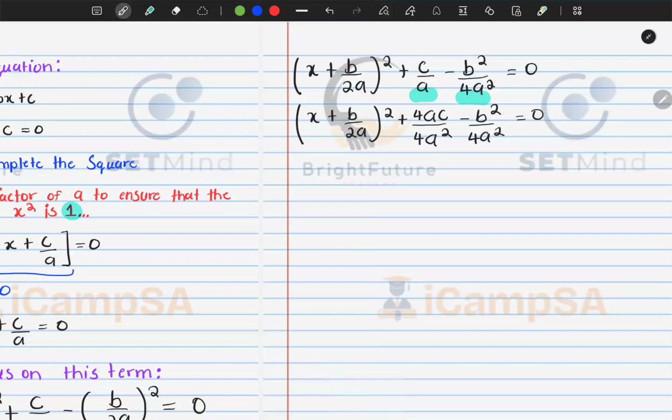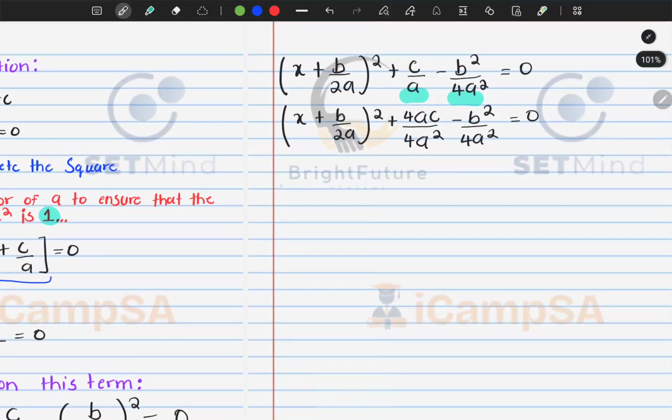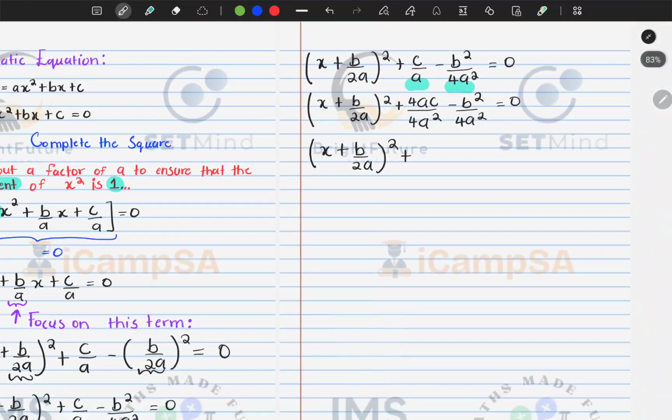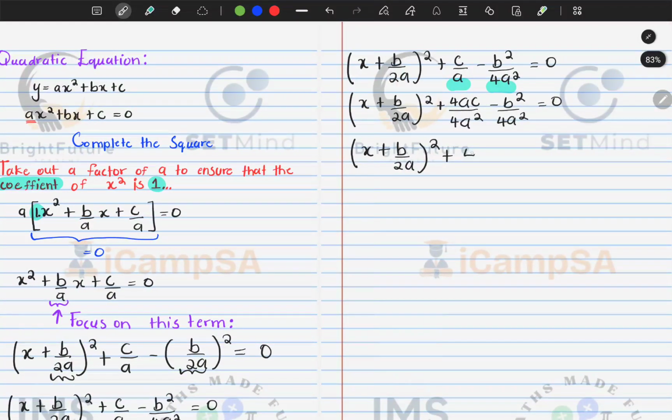And this, remember, is equal to 0. So I can now transpose all of this to the right-hand side and make a common denominator. Or maybe let's do it on the left. So we'll have (x plus b over 2a) all squared plus, if you look carefully, we have a common denominator now: 4ac minus b squared divided by 4a squared. And this will be equal to 0.